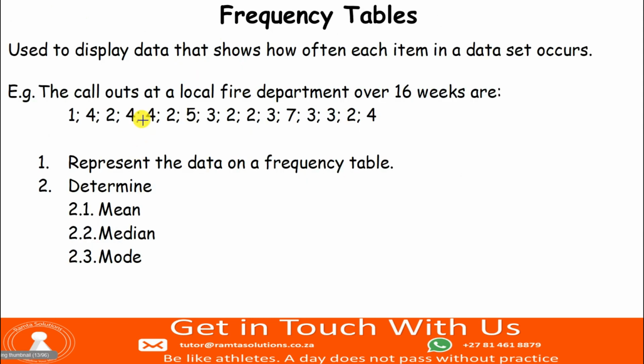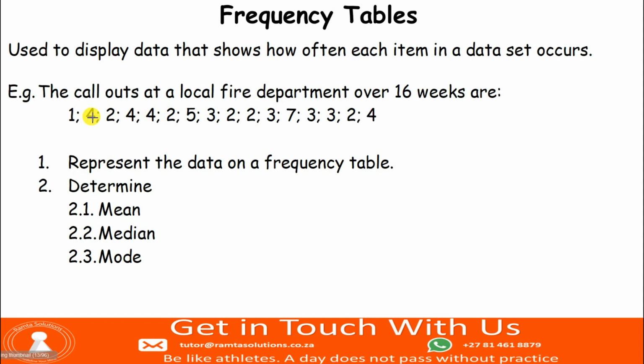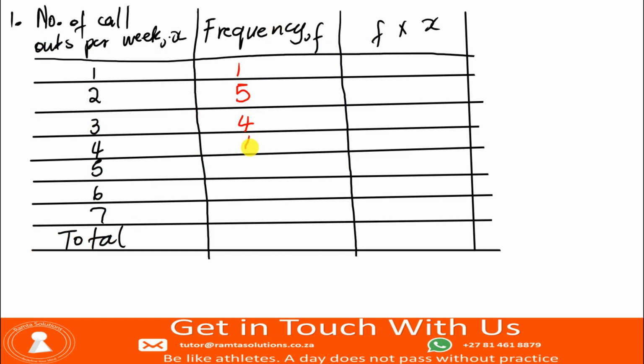They occurred 1, 2, 3, 4 times. Now 4 callouts per week: 1, 2, 3, 4. They also occurred 4 times.